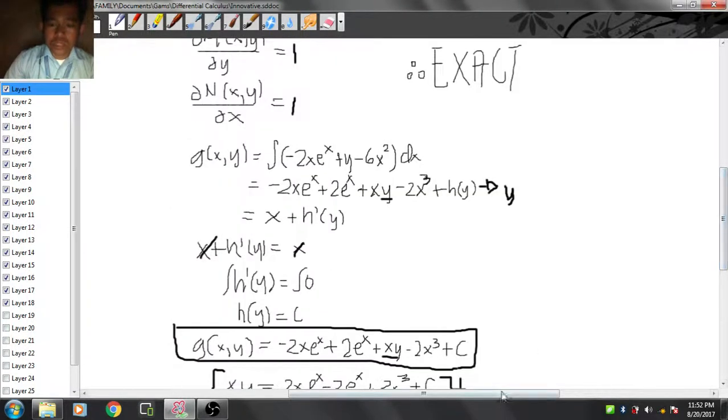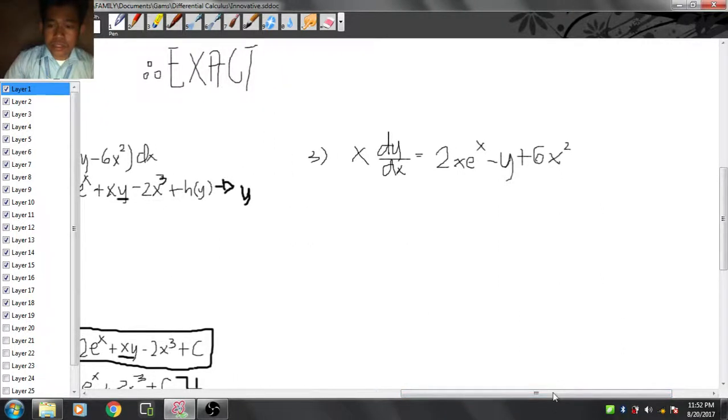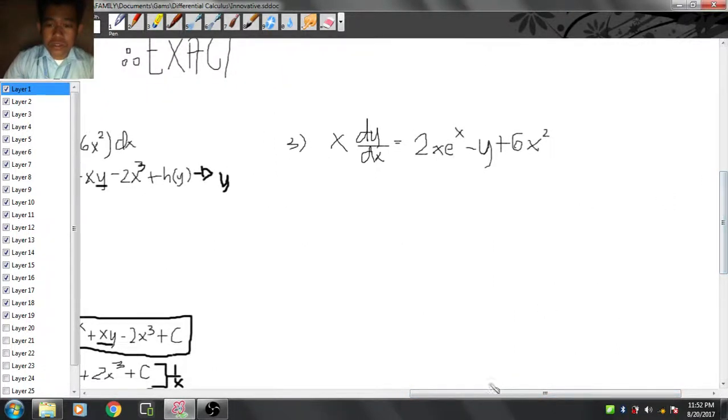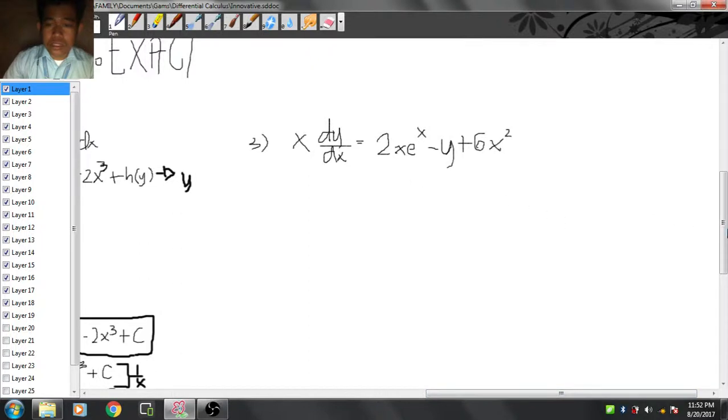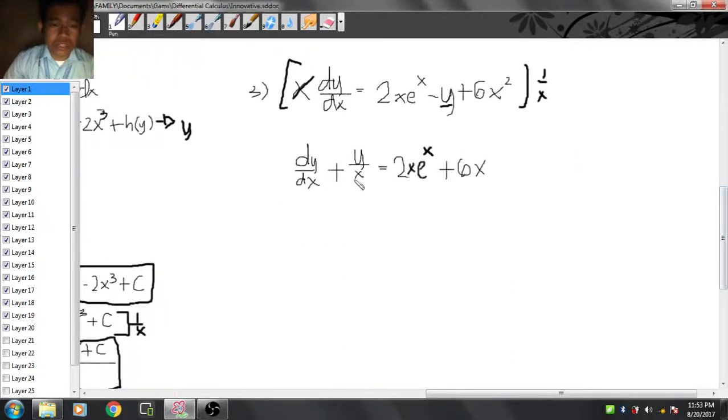So proceeding to number 3, we're going to rewrite again; this will be in linear equation. So we need to convert this into the standard form of the linear equation. To do that, we need to divide both sides by 1 over x. So this one will cancel out, and we need to transpose the y into the left side of the equation, and that will give us this equation.